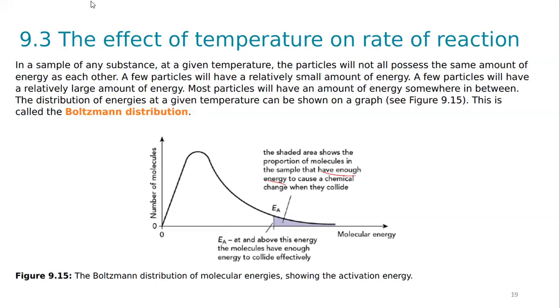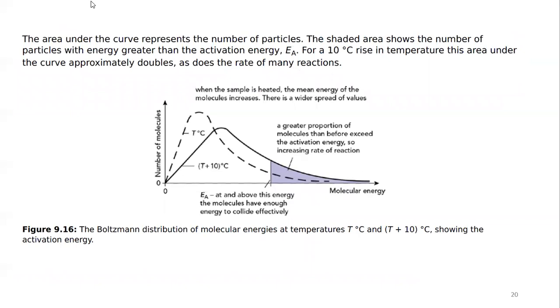Let's say this is X percentage. The whole thing is 100%, but only a small amount X of molecules have enough energy to collide effectively so that the chemical reaction can happen. So when we increase the temperature, X increases, so it means more chance for chemical reaction to happen.